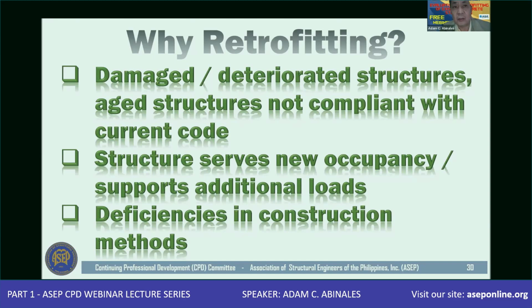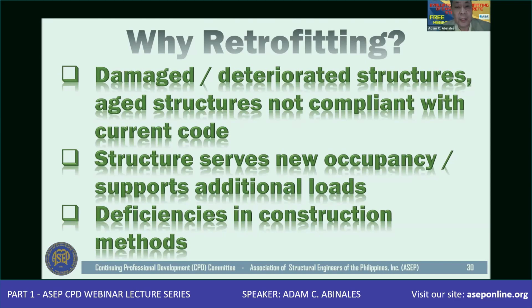But as to the retrofitting, if it is barely 15 years or over 15 years, then the retrofitting will be dependent on the outcome of the evaluation.